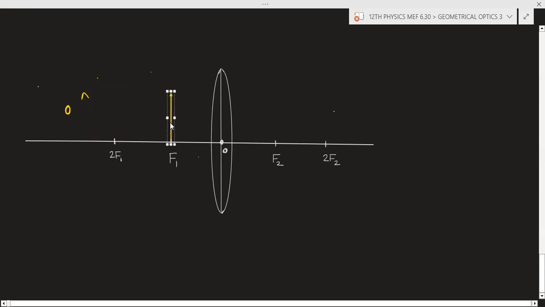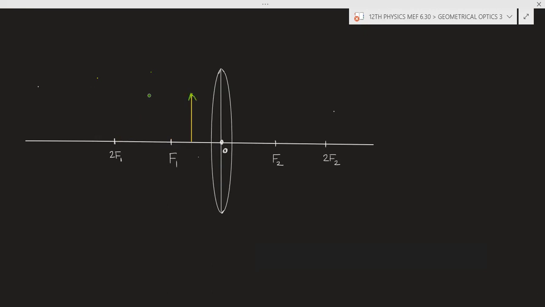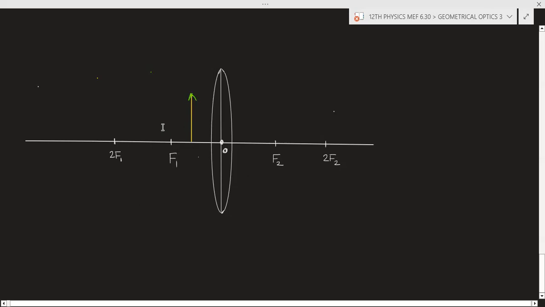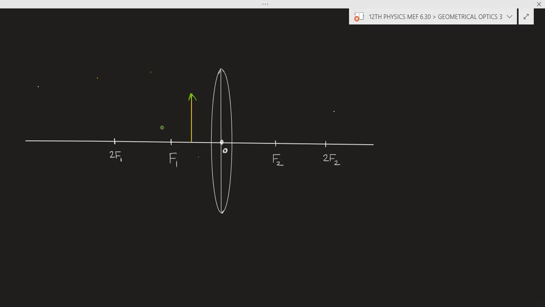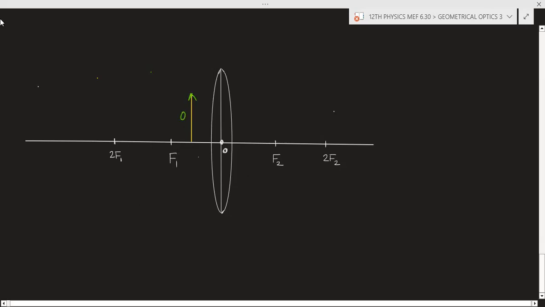Now we are placing the object in between optical center and F1, and different types of images we are getting. So this is the object this time, and this object is in between optical center and F1.